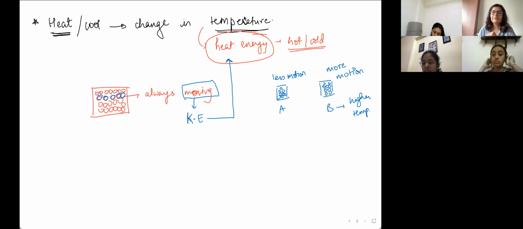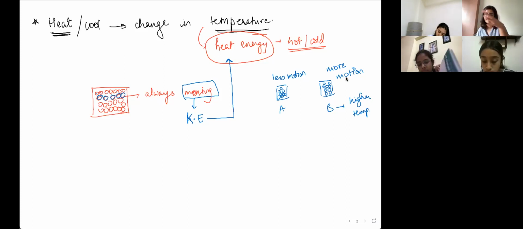So when we talk about heat energy or temperature, the number of molecules matters, yes, but it's also the motion of those particles. If we have an equal number of particles, and one has more motion and one has less motion, then whichever has more motion will have higher temperature, because more motion could be faster vibration, or vibration along with moving here and there.